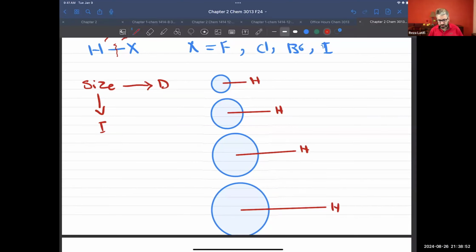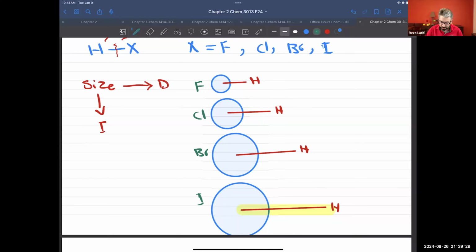Why is the bond getting longer? Because the size of the elements is getting bigger and bigger. So the bond will be longer than the previous one because the radius of the element went up. Again, this is fluorine, chlorine, bromine, and iodine. Which one will be easier to break? Clearly, the one that has the longest bond. So breaking HI will be more favored, or easier, than HF.